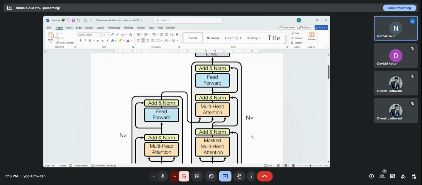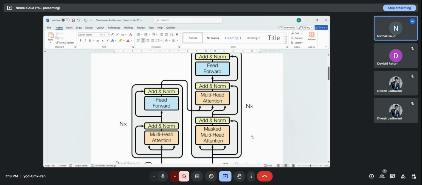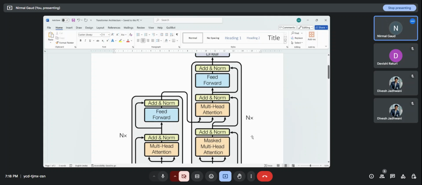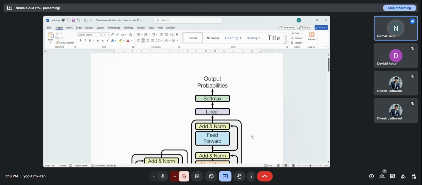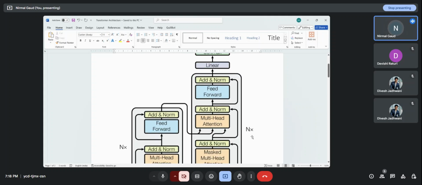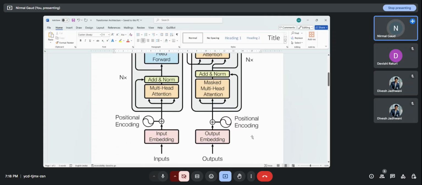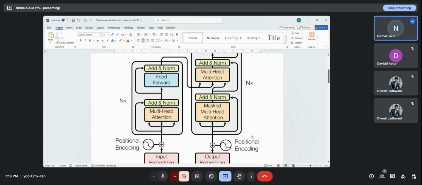Decoder do have multi-head attention, two multi-head attention. One is masked and one is encoder decoder multi-head attention. The task of the decoder is to produce the output. In general, the transformer architecture was built to perform machine translation.